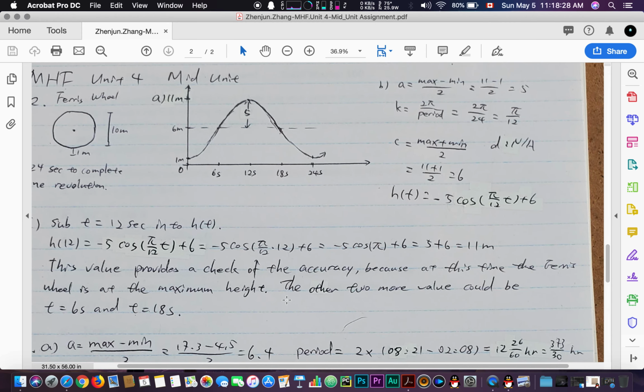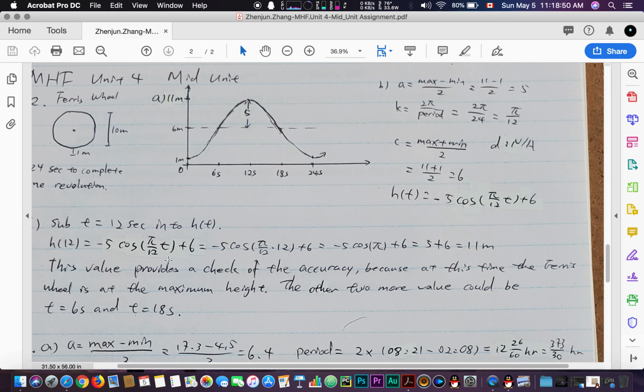So we substitute 12 seconds into the h(t) function, negative 5 cosine pi over 12 t plus 6. h of 12 equals negative 5 cosine pi over 12 times 12 plus 6, equals negative 5 cosine pi plus 6, equals 5 plus 6, equals 11 meters.